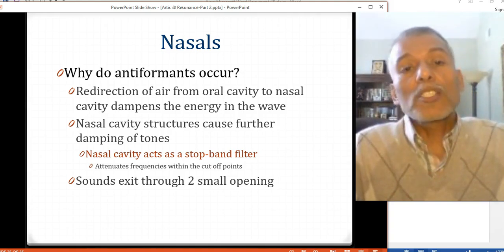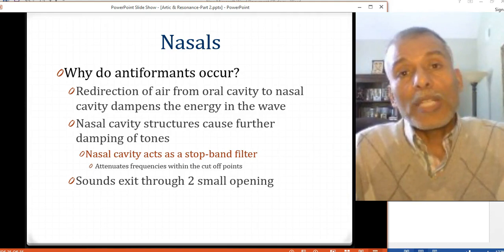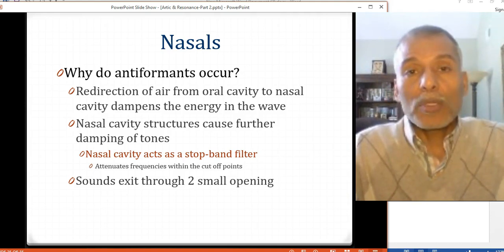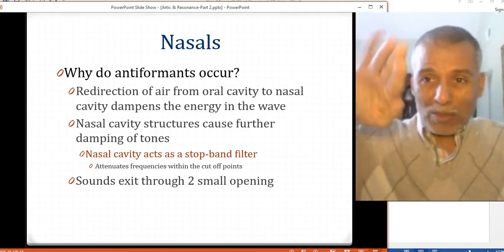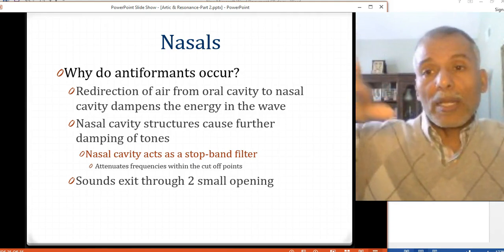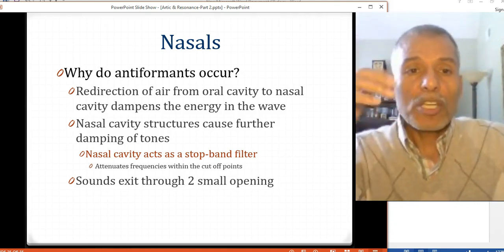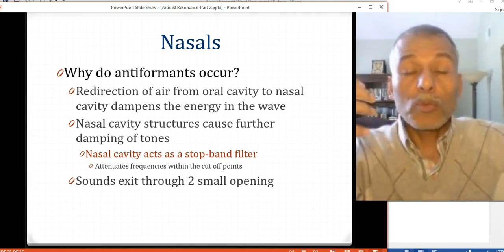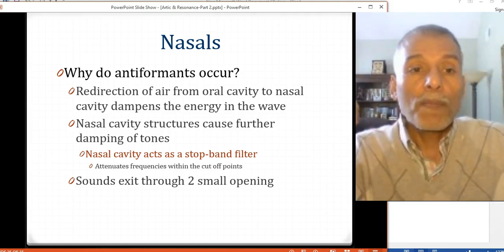The nasal cavity, the structure itself, is conducive to dampening the sound. There's a lot of mucus, the nasal bones, and these convolutions where the sound just goes along the nasal concha, up and down, and these obstructions are going to dampen, to decrease the sound energy, and that is going to produce antiformants.